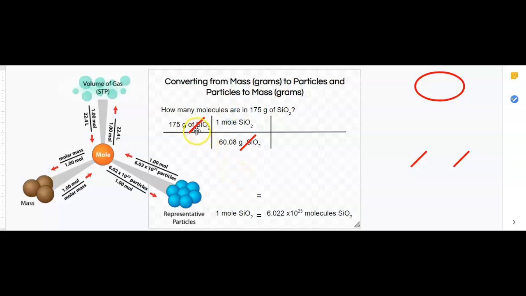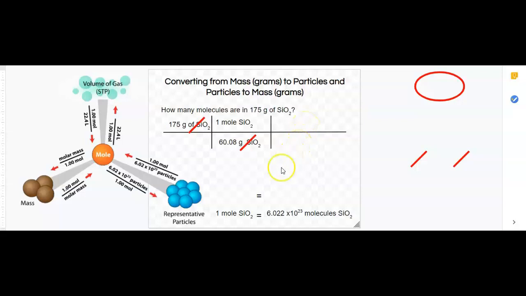Now I've efficiently gotten rid of grams of silicon dioxide and I have moles of silicon dioxide. But I don't want moles of silicon dioxide. Today, I want to find out how many molecules there are. So when I look at my unit, moles of silicon dioxide, what I want to cancel goes on bottom, and what I want to convert to goes on top.